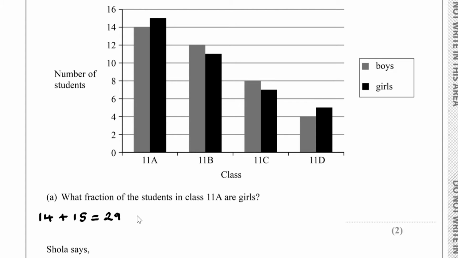So in class 11A, we've got 29 students. And so of these 29, how many of them are girls? Rather, girls, that will be 15 of them.